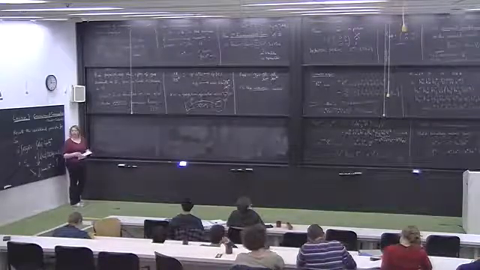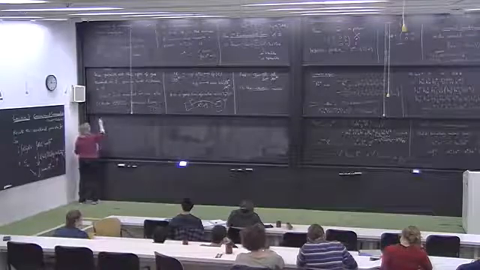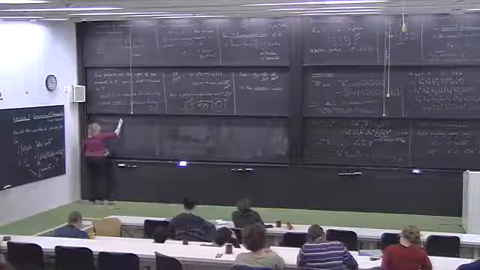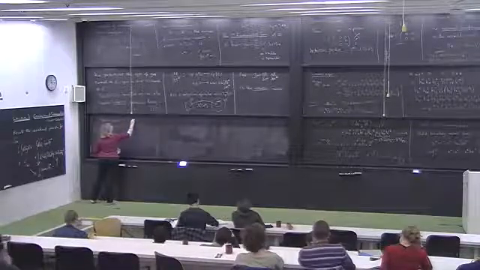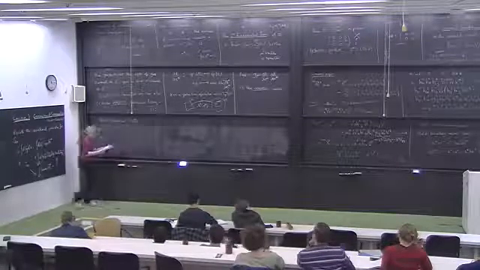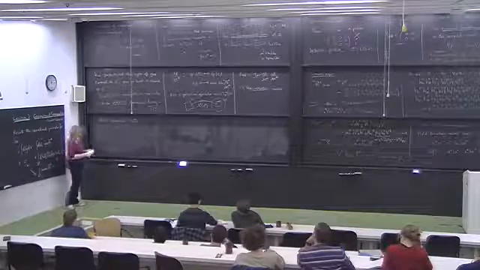So now I want to consider the only sensible thing that I could for a boundary term, which is to consider the extrinsic curvature as a possible boundary term.